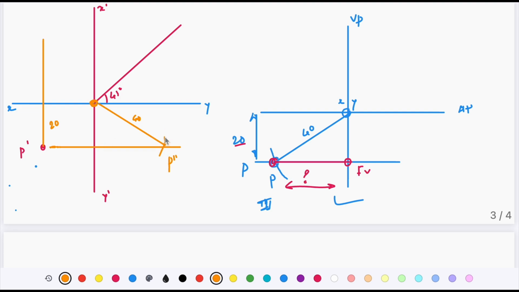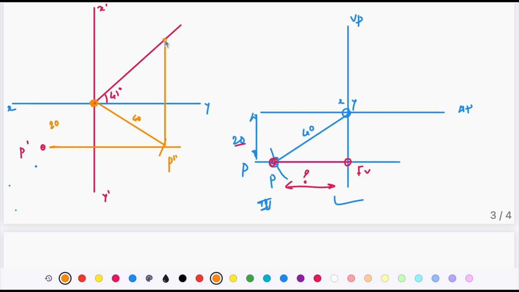Now I'll project this point vertically upward on this 45-degree inclined line, and this intersection I'll transfer horizontally. Now when that horizontal projection intersects the projector passing through P dash, this is going to be our top view.